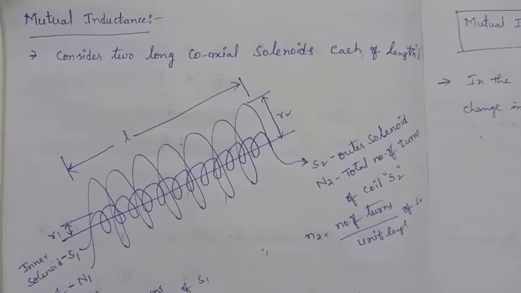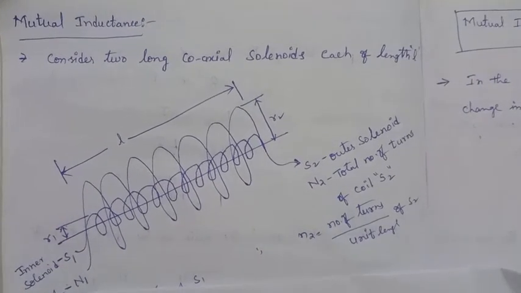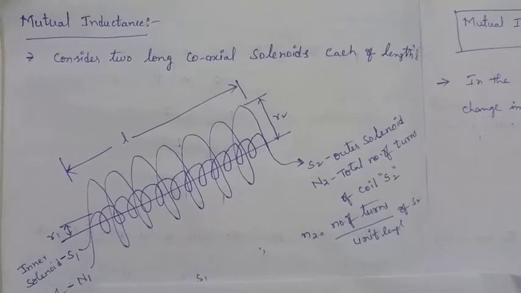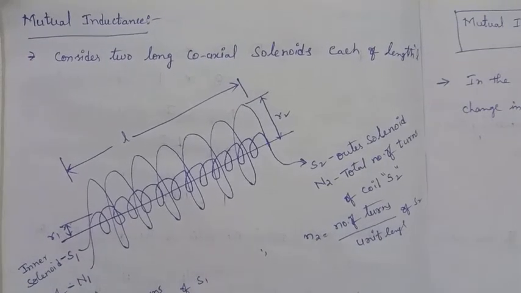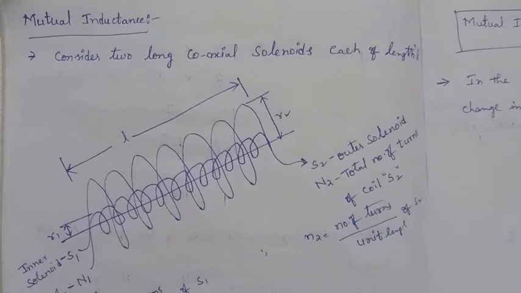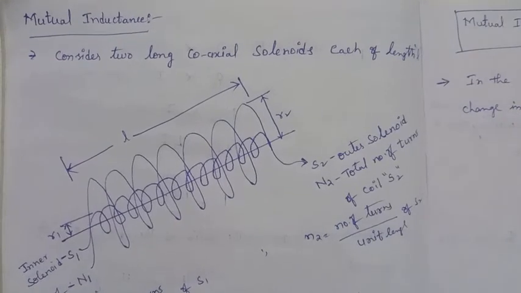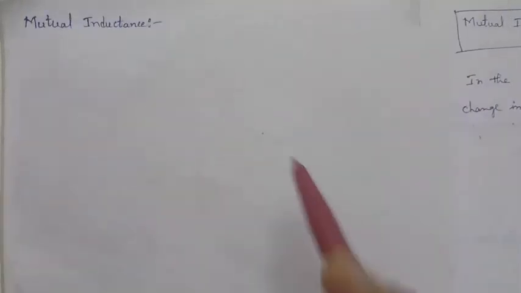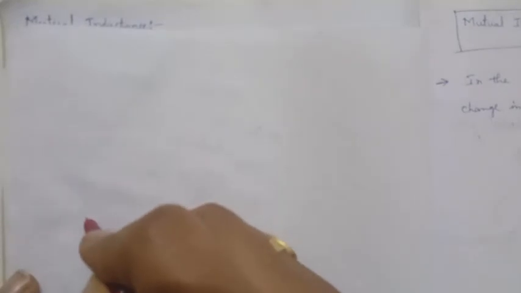First of all you have to consider two long coaxial solenoids, each of length L. First of all I will draw the diagram here.